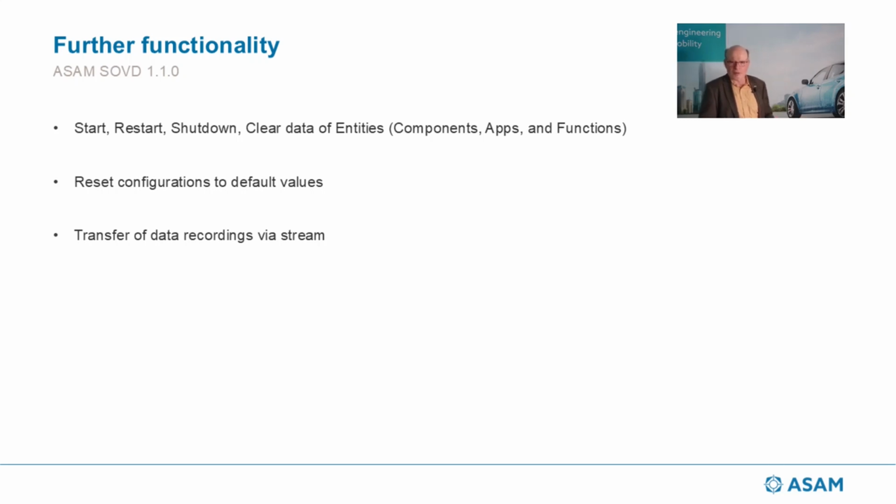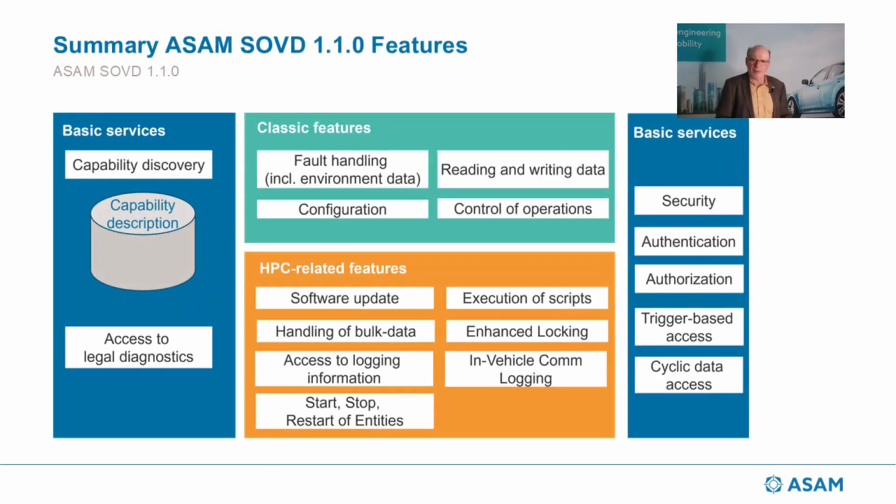We also have the possibility to reset configurations to default values, and we have introduced that data can be transported via streams. So we come now to the summary, and this is the picture which we saw at the beginning. You see on the left side where the basic services are, now in 1.1 new, the access to the legal diagnostics. On the right-hand side, you see the trigger-based access and the cyclic data access.